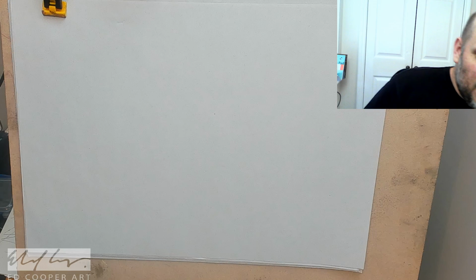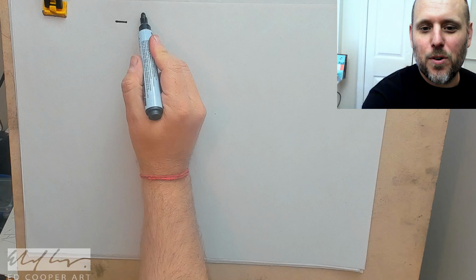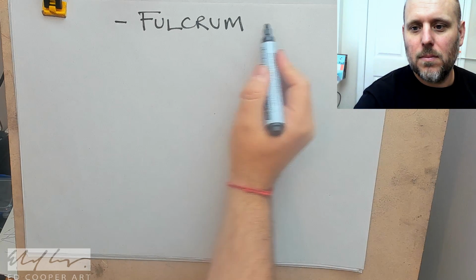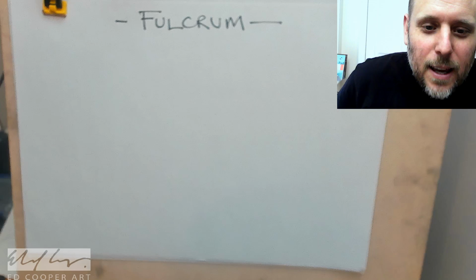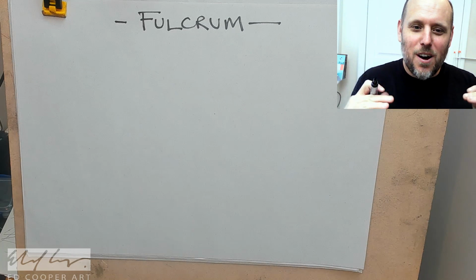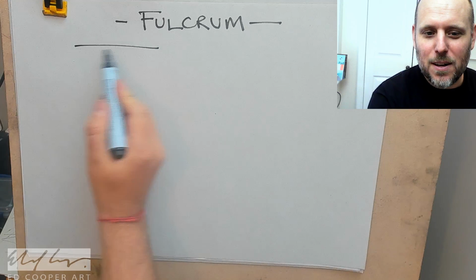To one side. Okay, so the next one is the fulcrum. Sometimes this is also described as a steel yard, which I think is some sort of balancing thing.